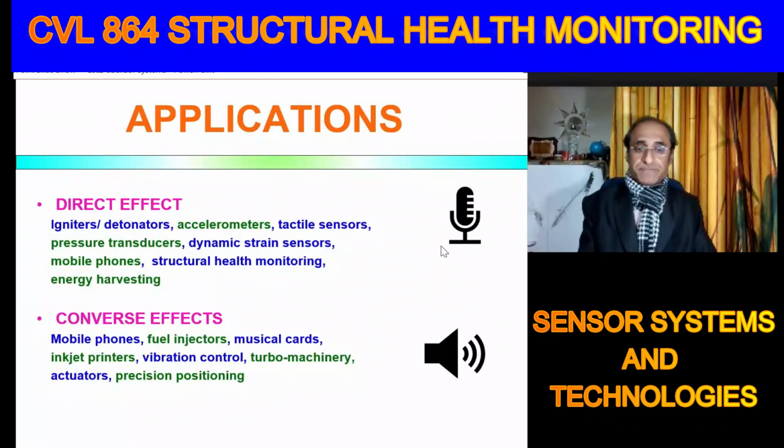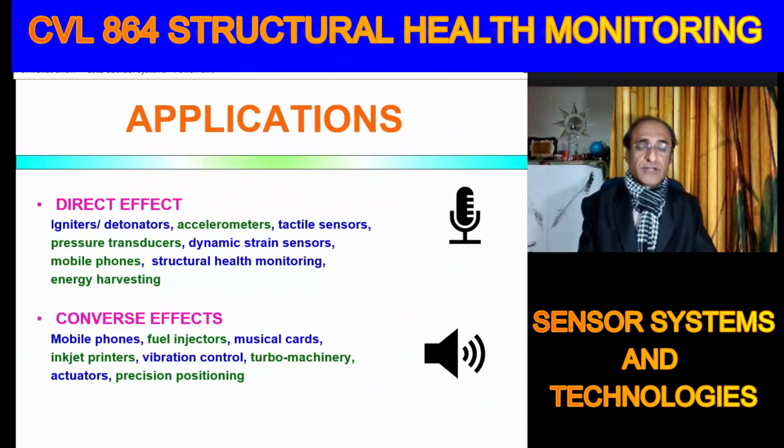In your mobile phones, how does the direct effect come into the picture? Basically, when you are speaking, these are acoustic waves. By these acoustic waves, vibrations are produced, and these vibrations are converted into electrical pulses by the direct effect.